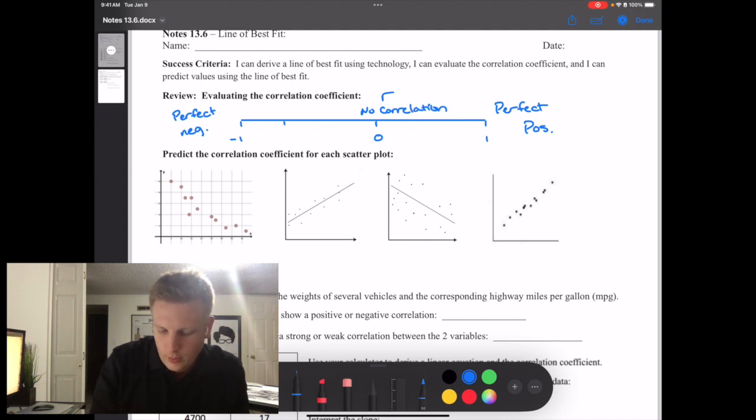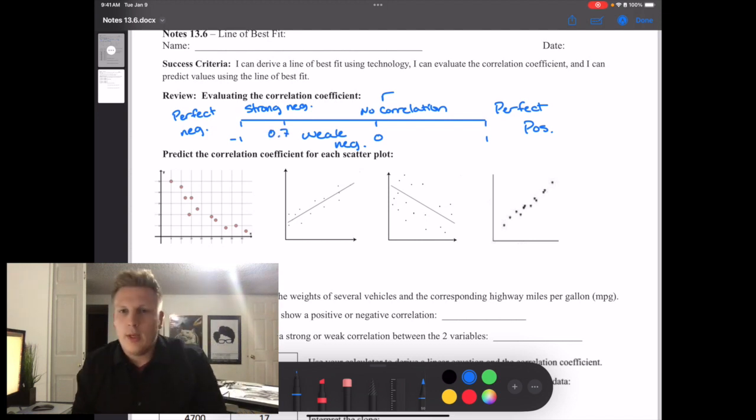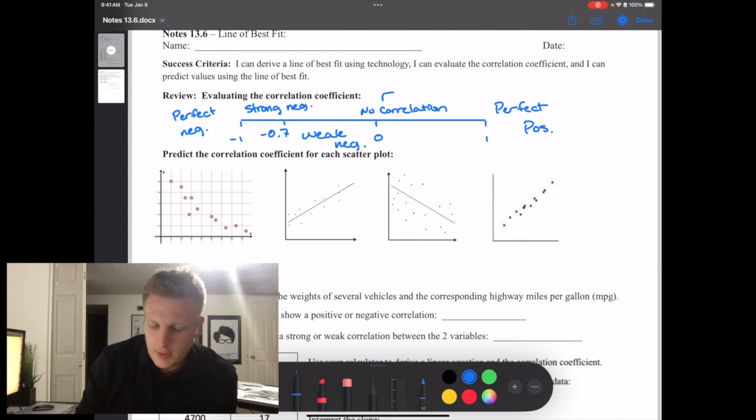And then over here, we had maybe some strong negative. And right here, we had some weak negative. And that cutoff right there was going to be 0.7. So that's on the negative side, so that one's going to be negative. And then we have the same thing over here on the right.